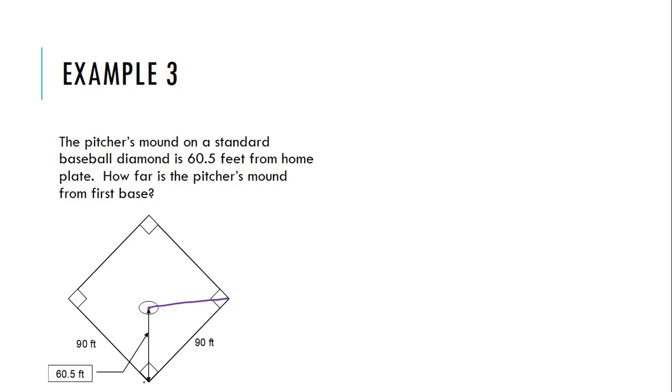You know at home plate, based on our drawing, that it does split our 90, right? So this is going to be 45. We cannot assume it's a right triangle. However, I don't need to assume it's a 90 because I have enough information to use another rule.